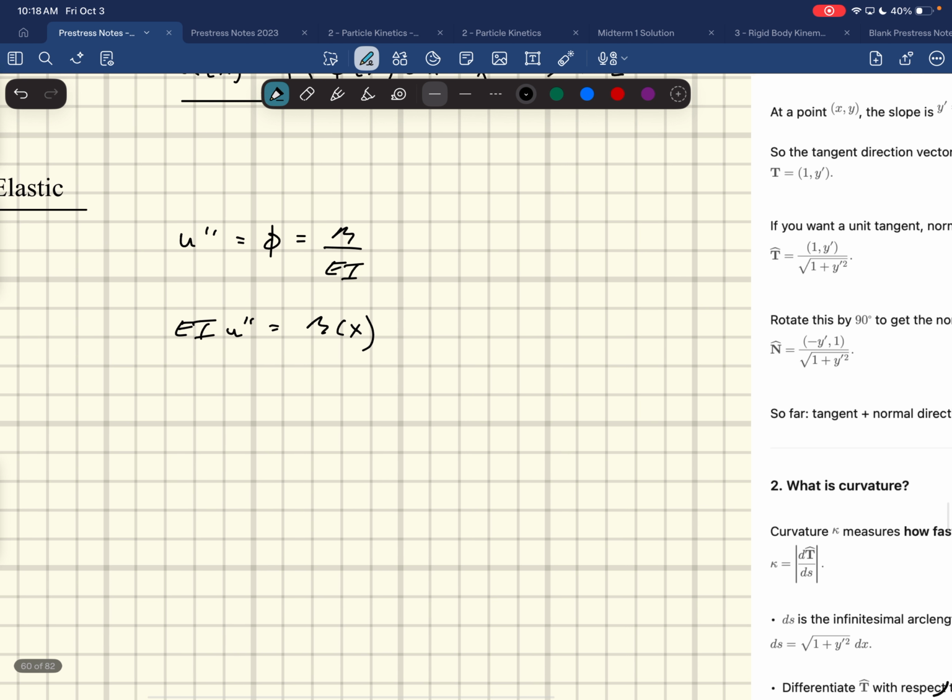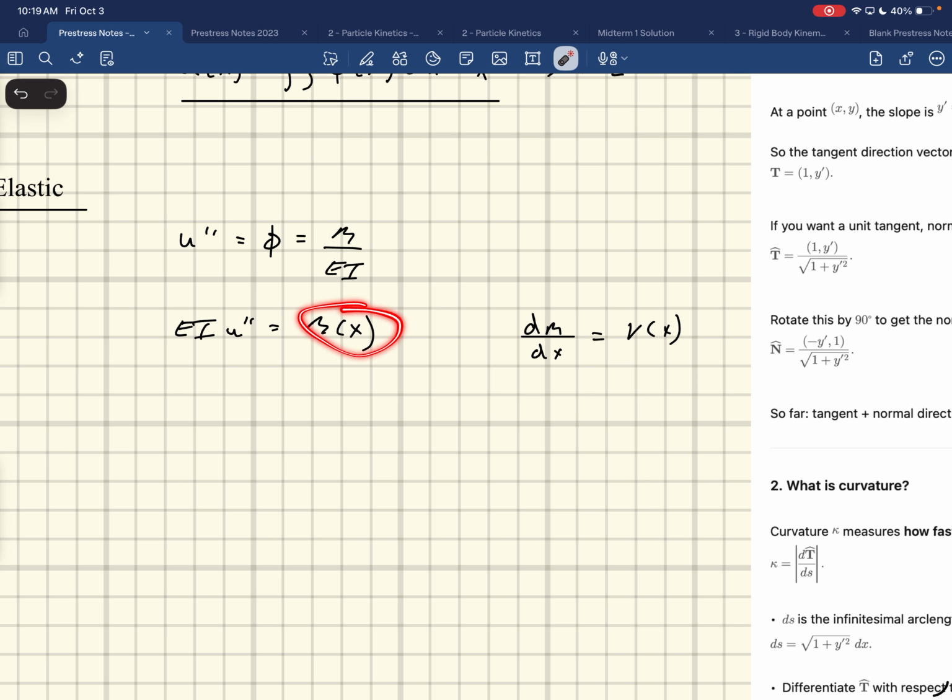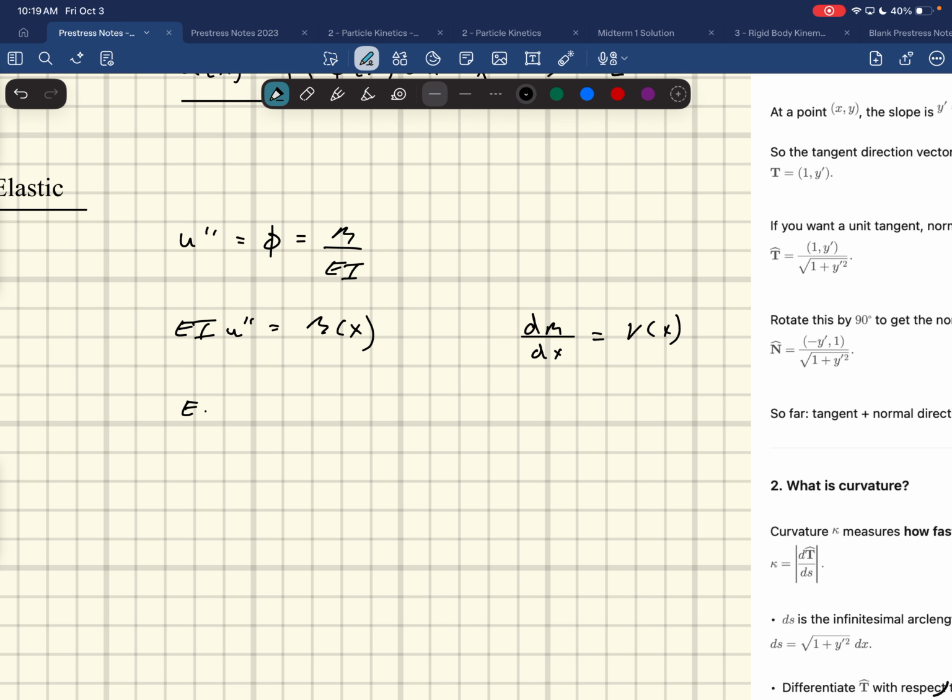And then if I take the derivative, dM/dx, that's equal to V of x. That comes from equilibrium. If you look at your mechanics of materials books, the derivative of the moment gives you the shear. The slope of the moment is your shear. And so since this is my moment, if I take the first derivative of the moment, that'll be EI u prime.